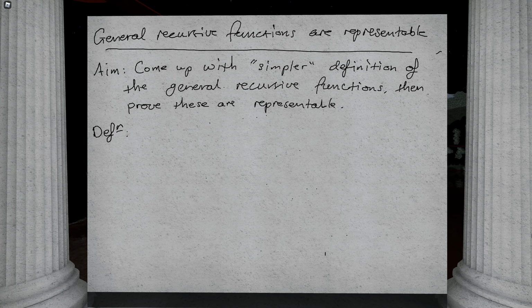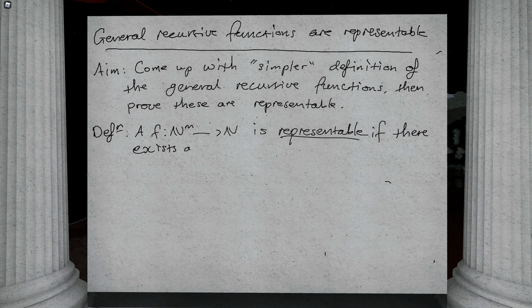So just to remind you, a function f from some power of the natural numbers to the natural numbers is representable if there exists a formula f, and this has variables inside it, x1 up to xn as well as y. y represents the output of the function.